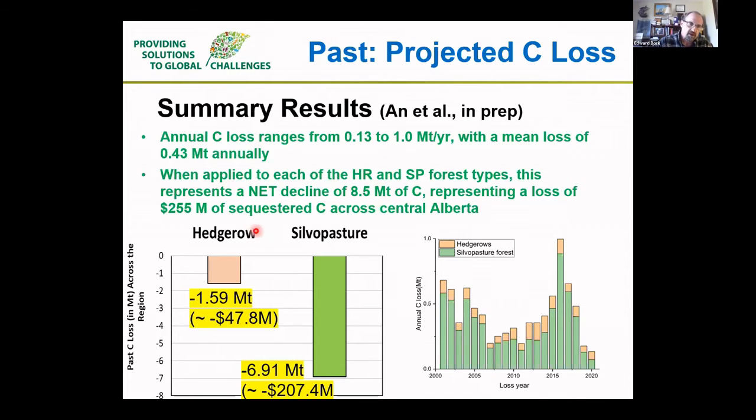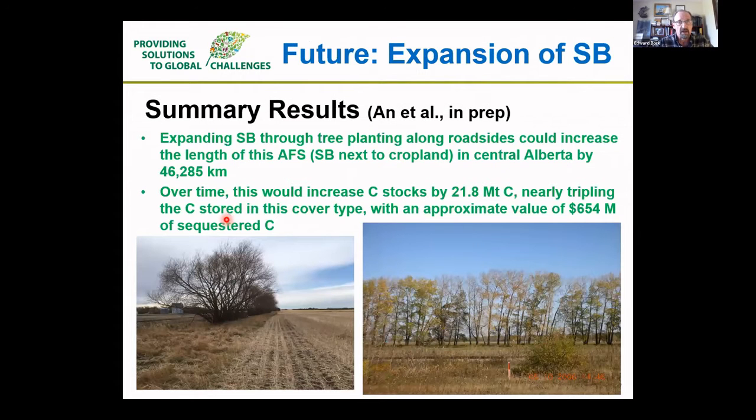And if we again add that $30 valuation per ton of carbon, that represents somewhere around $250 million of carbon that's been lost because of conversion of hedgerow and silvopastures into some other land use. So these are not trivial numbers when you think about carbon offsets and carbon valuation. That's a lot of carbon that we're losing from these systems, and it should, in theory, have very high valuation.